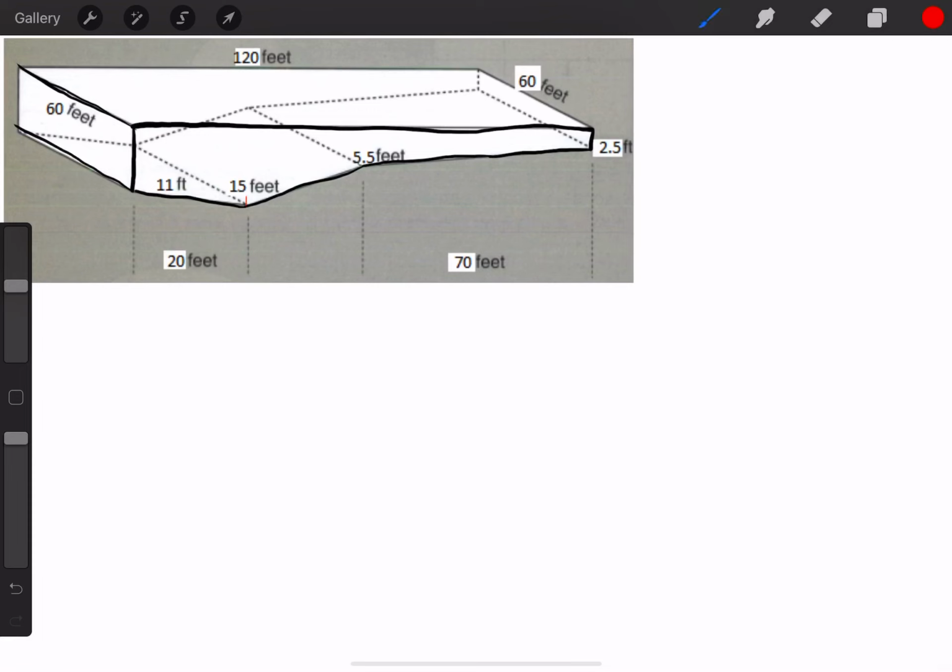So right here at 15 feet, I'm going to say that marks our first trapezoid. It's got a front face here in the red, and then we'll ultimately be multiplying it back through here.